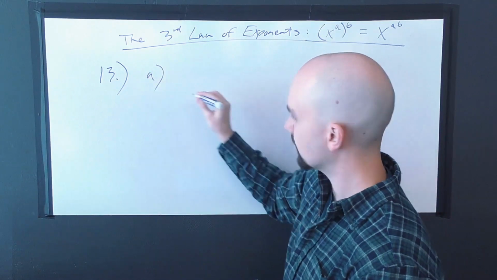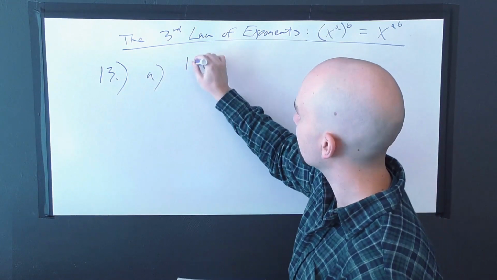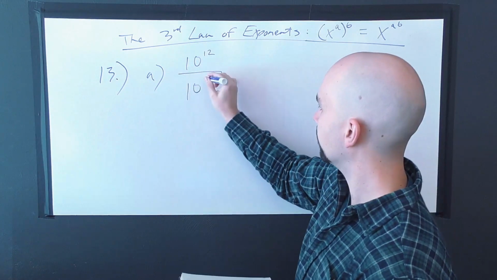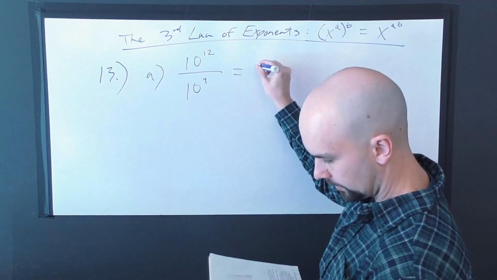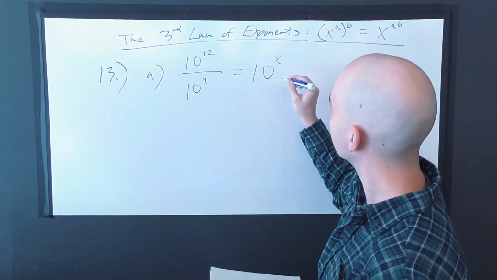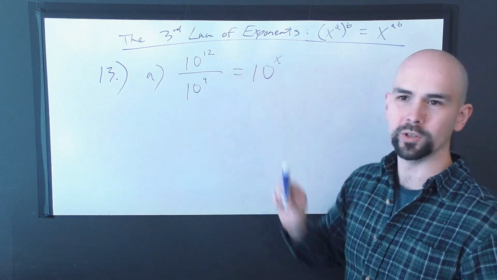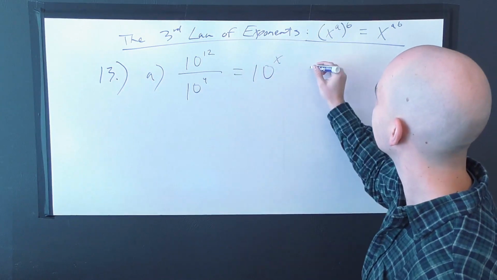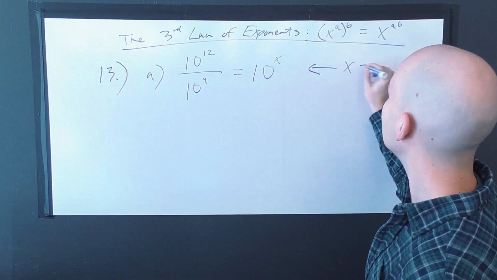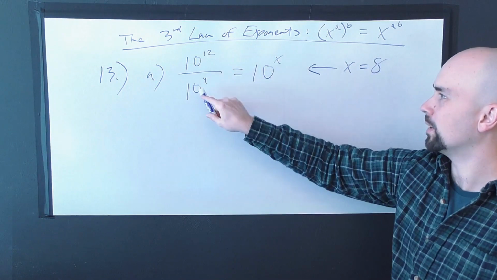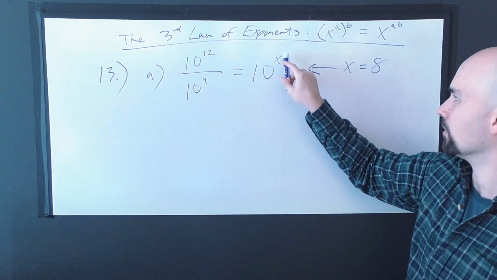A is like this. 10 to the power of 12 over 10 to the power of 4 equals 10 to the power of x. So what is x? Well, what is 12 minus 4? That would be 8. So in this problem, x equals 8. Because 10 to the power of 12 divided by 10 to the power of 4 would be 10 to the power of 8.